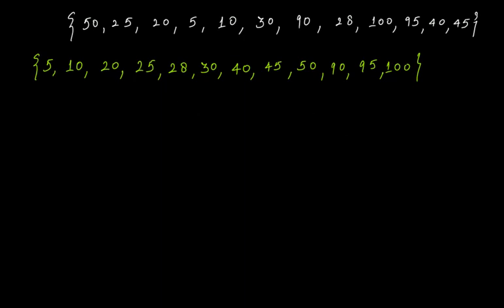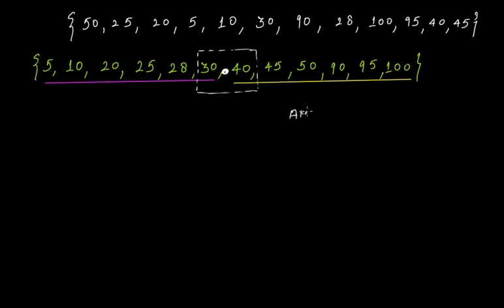Now 1, 2, 3, 4, 5 and 6, these are 6 values, and 1, 2, 3, 4, 5, 6, these are 6 values. Of course, your median will lie somewhere here between 30 and 40. And what will be that value? All you have to do is simply take the arithmetic mean of 30 and 40.